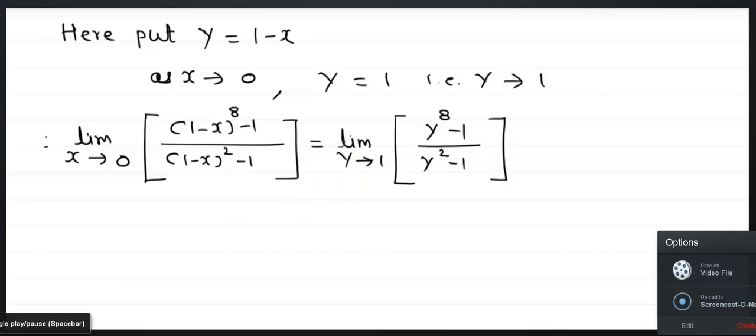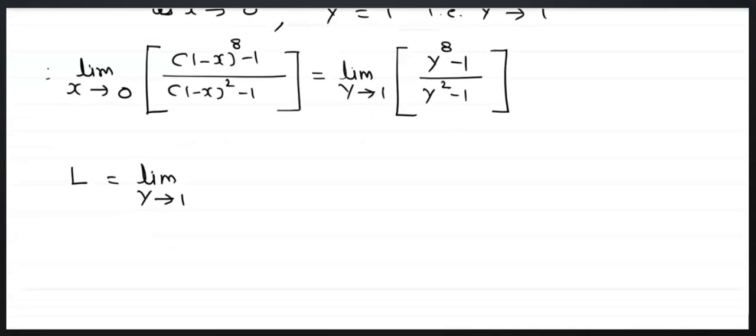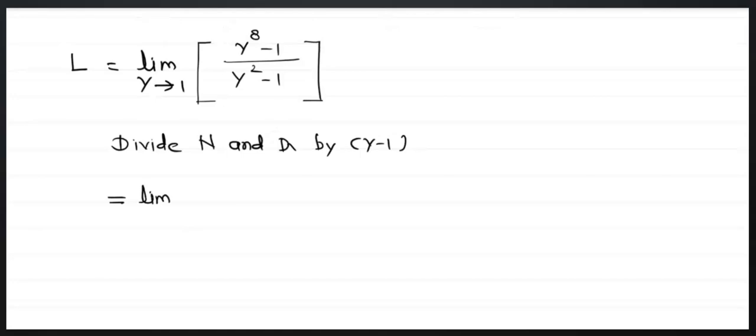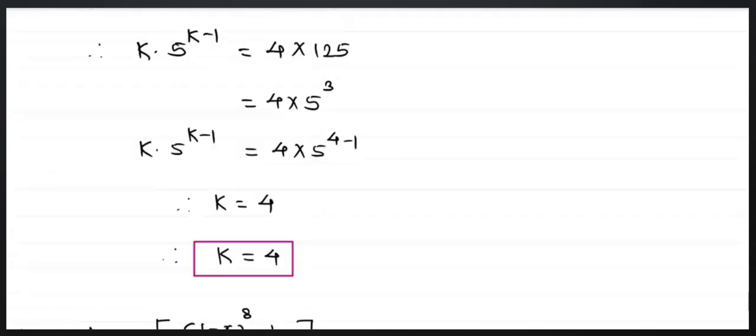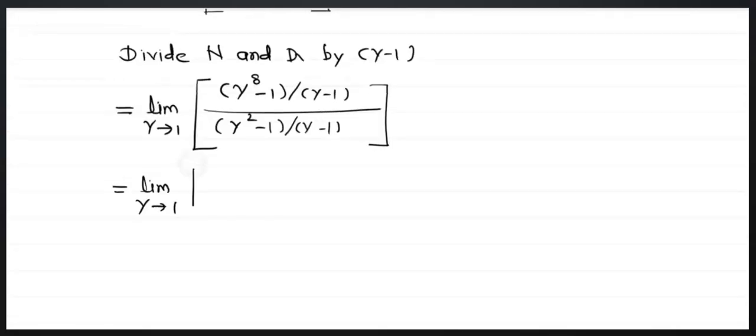Now the next step: in this case, we will divide the numerator and the denominator by y minus 1. Y raised to 8 minus 1, divide numerator and denominator by y minus 1. Therefore, limit y tends to 1, (y raised to 8 minus 1 upon y minus 1) upon (y squared minus 1 upon y minus 1).